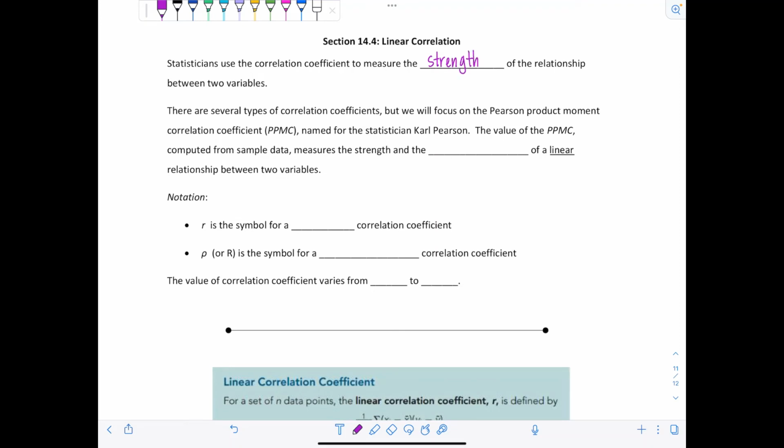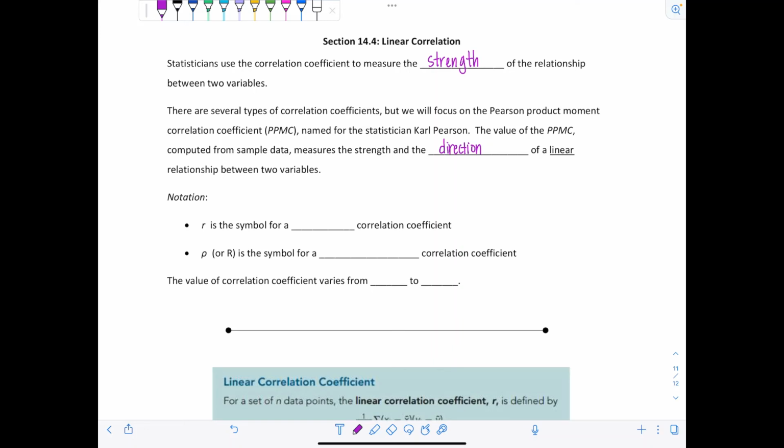There are several types of correlation coefficients, but we will focus on the Pearson product moment correlation coefficient. It's abbreviated PPMC, named for the statistician Karl Pearson. The value of the PPMC computed from sample data measures the strength as well as the direction of a linear relationship between two variables.